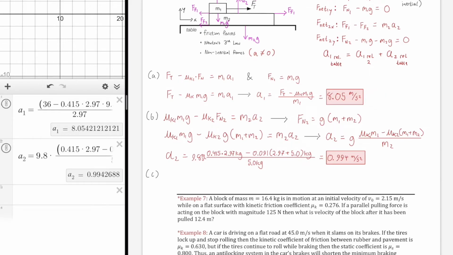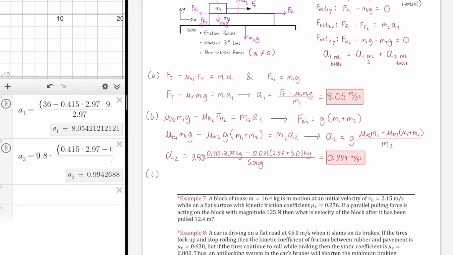Block 1 is moving relative to block 2, accelerating across the top of it, but it's not going to be explained by forces, not completely. Because if we looked at that value of 8.05, it wouldn't make sense. We'd say, what's driving that acceleration?